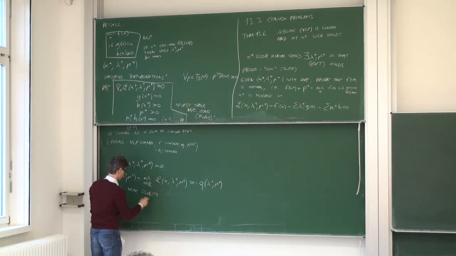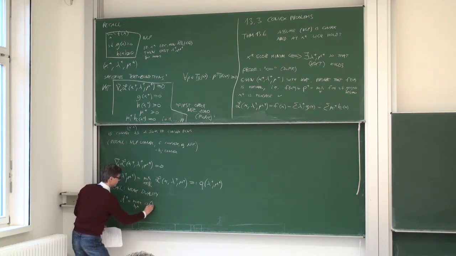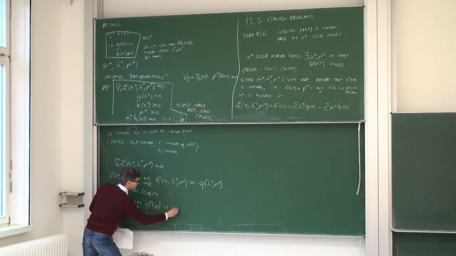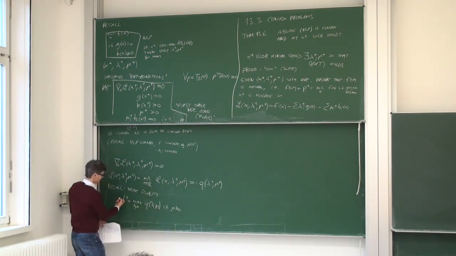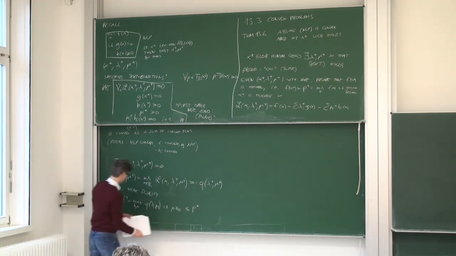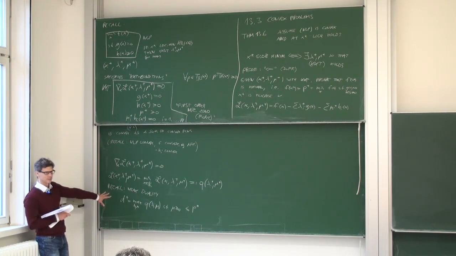And that said that there is a value d star, which is the maximum over all lambda and mu of this function q, subject to mu being non-negative. And that this value d star is smaller than or equal to p star, p star being the primal optimal value and d star the dual optimal value. Okay, so that was a result we have proven and on which we can build now.